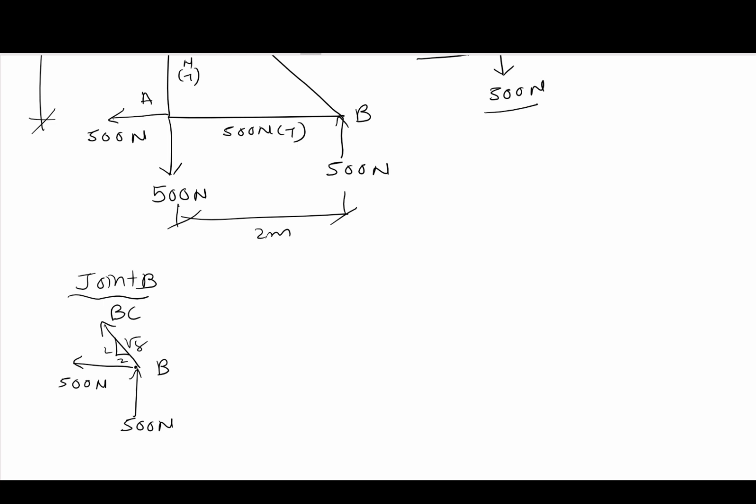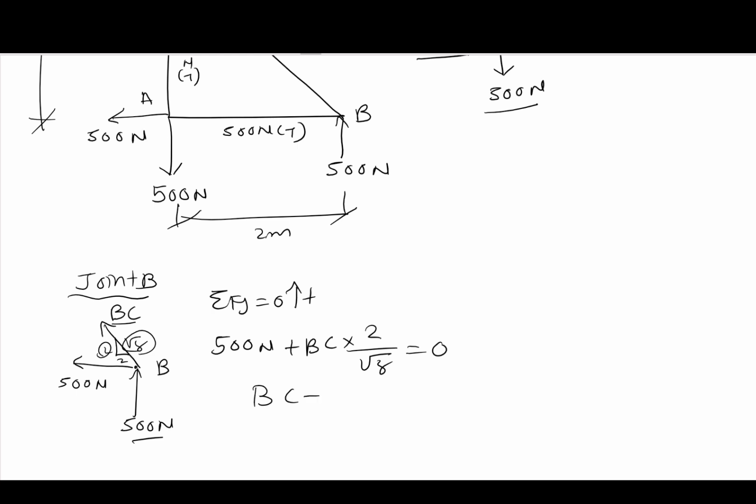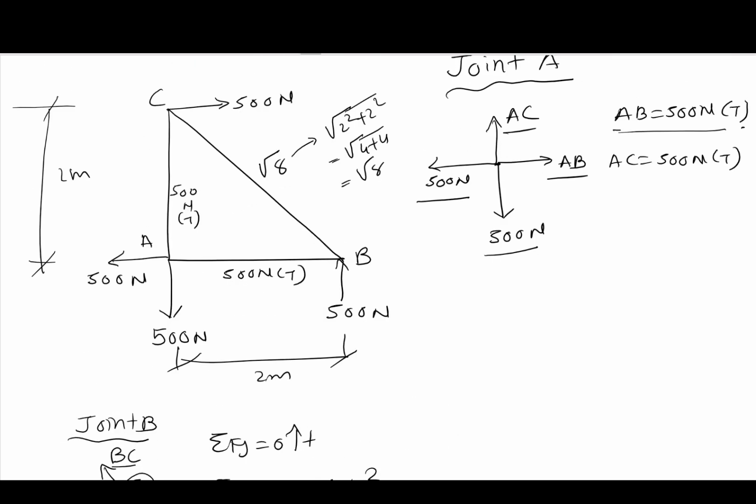Sum of the force in Y, upward is positive, so we have 500 Newton going up, and the vertical component of BC is BC times 2 over square root 8, equal to 0. So the BC value is minus 707 Newton, and that is in compression. So BC would be 707 Newton in compression.